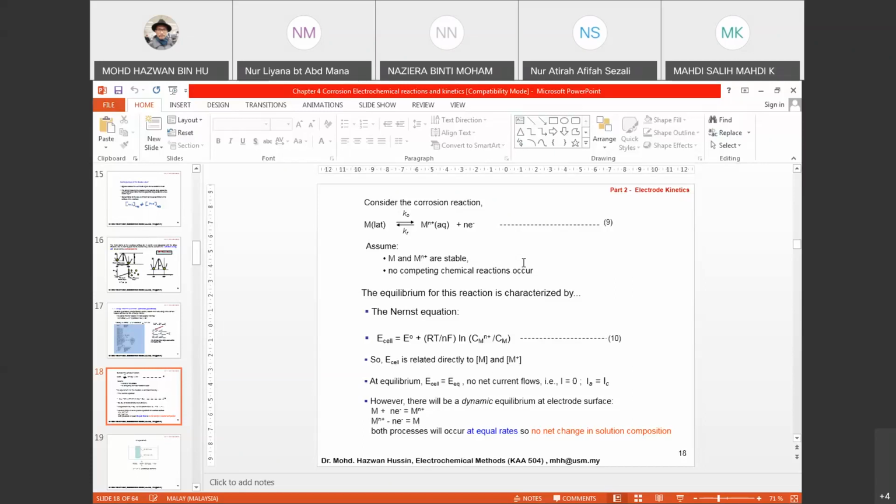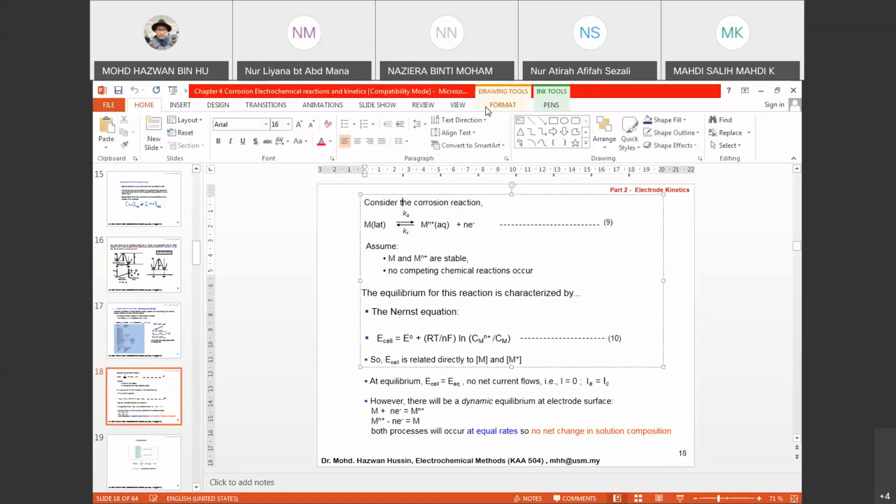The equilibrium of this reaction can be characterized by the Nernst equation, because the reaction sometimes cannot be done at standard conditions. The representation of Nernst can be shown as follows.